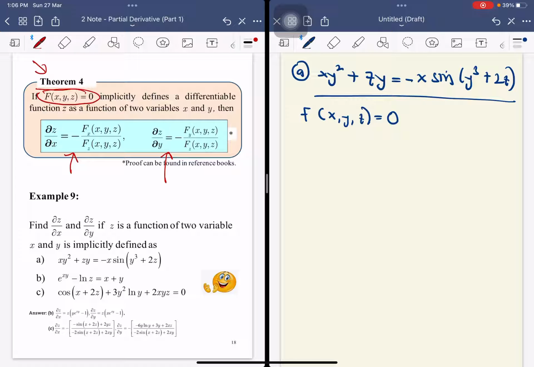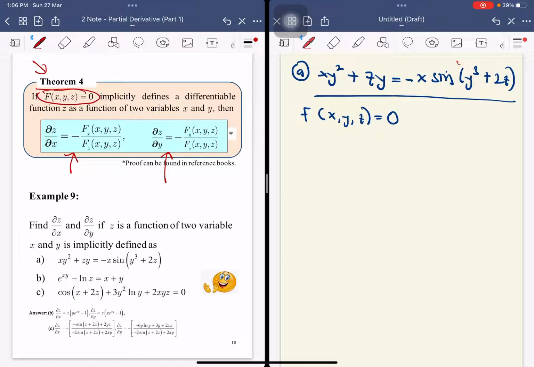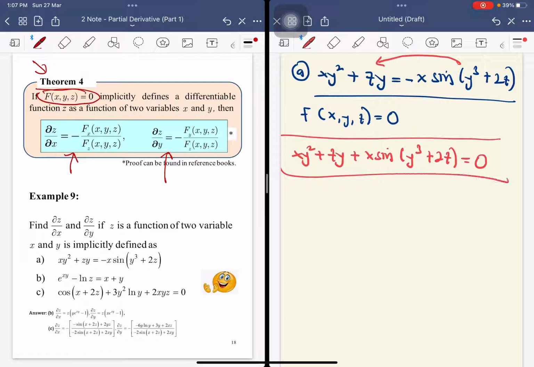Normally, all the terms on this side will be moved to this side. So we're going to have xy squared plus zy plus x sine y to the power of 3 plus 2z equal to 0. So this will be the big F over here.